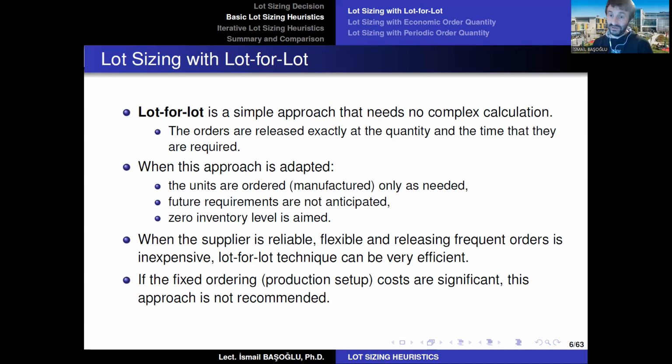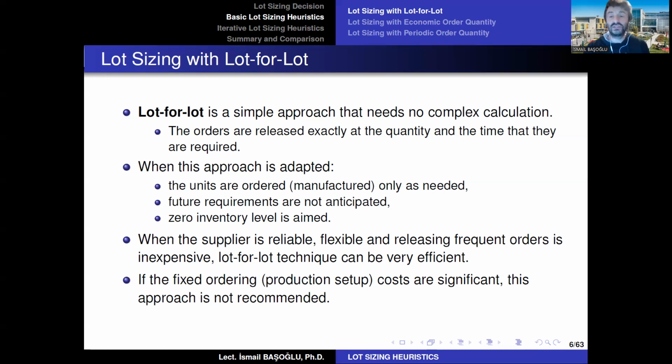So if the supplier is reliable in delivering the orders in time and at the quantity that you want, if they are flexible to deliver the goods at any quantity, and if they are flexible in making frequent deliveries, in that case, the load for load technique can be adapted between a supplier and the customer.